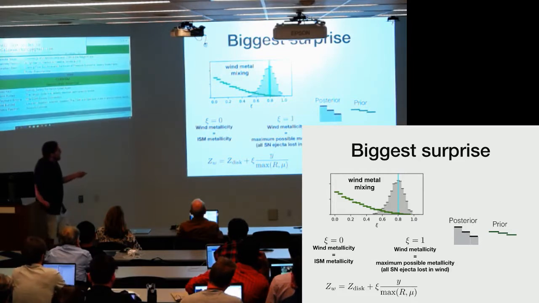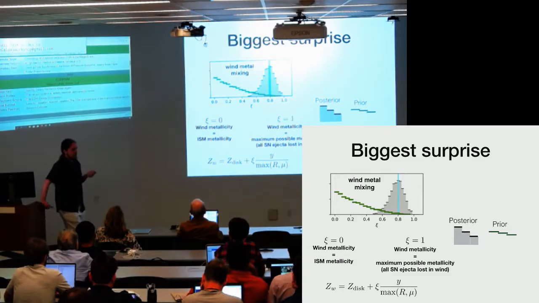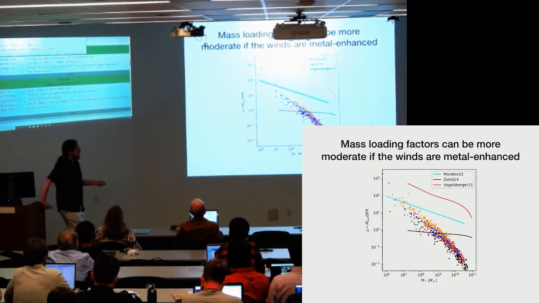But it turns out that the model really prefers a pretty large value of this parameter, which was surprising, literally surprising, because this is my real prior. This is what I believed. So the way this model is fitting the results is by having extremely metal-enhanced winds. And as a result, the winds themselves are not that strong. They're weak.